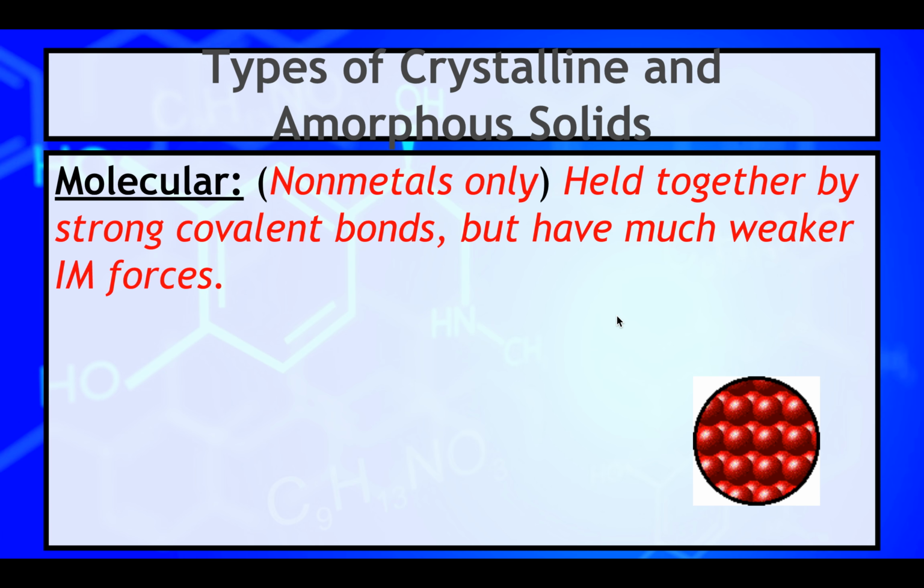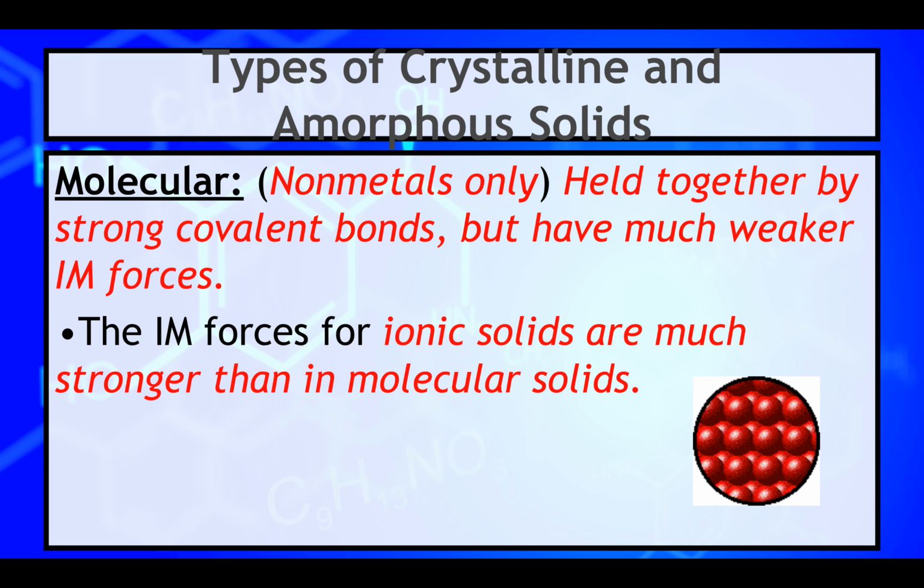Molecular. Molecular substances are substances that have covalent bonds, and that's going to be elements that are nonmetals joined together. These are held together by strong covalent bonds, but they're going to have weaker intermolecular forces. The intermolecular forces for ionic solids are much stronger than in molecular solids.